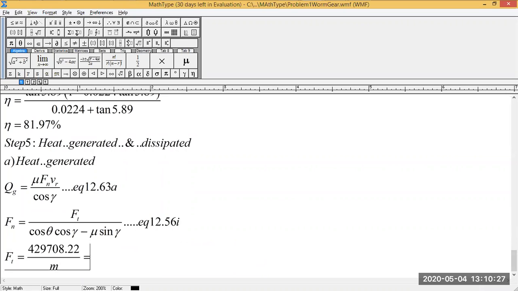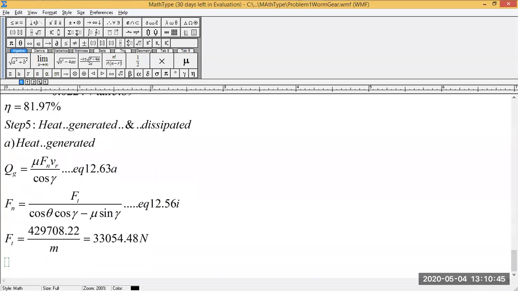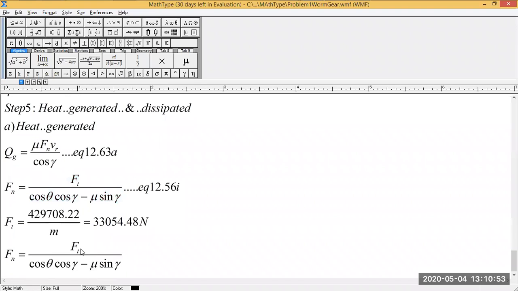So let's complete the calculation. So this is 4297.98 divided by 13. So this is 33,054.48 newtons. Okay, so we have all the values. Let's calculate Fn now. So Ft is this value here.